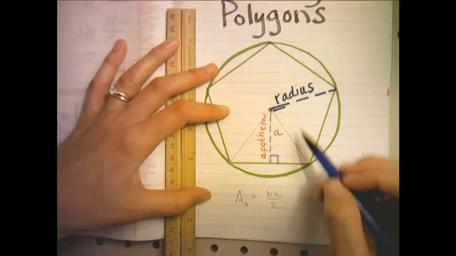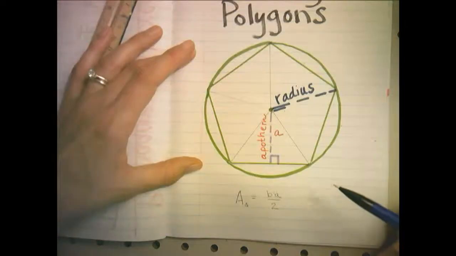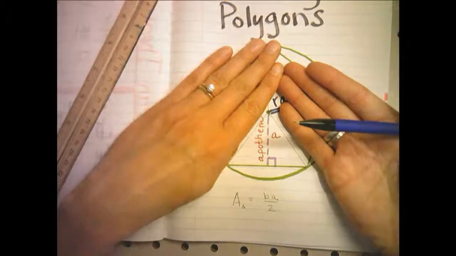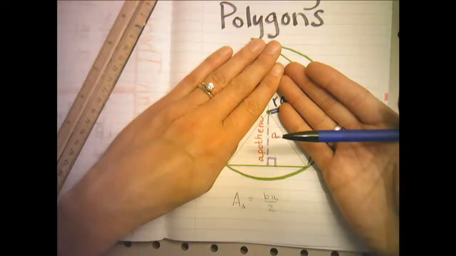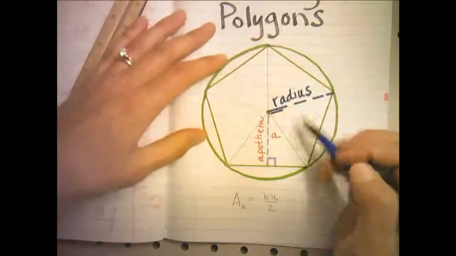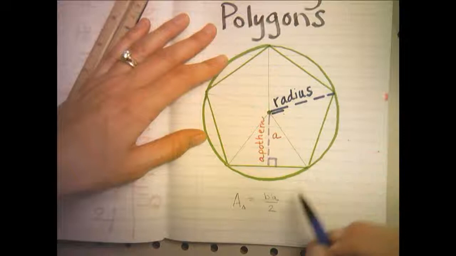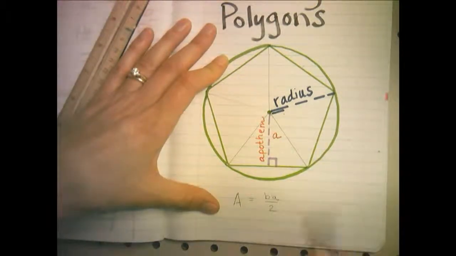How many triangles could I fit in my particular shape? Someone said it. Yeah, I drew 5. So the formula for one triangle is base times apothem divided by 2. How many triangles make up the whole shape? 5. So how could I change this formula to be the formula for the area of this polygon?